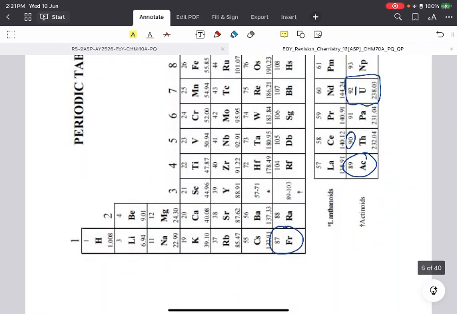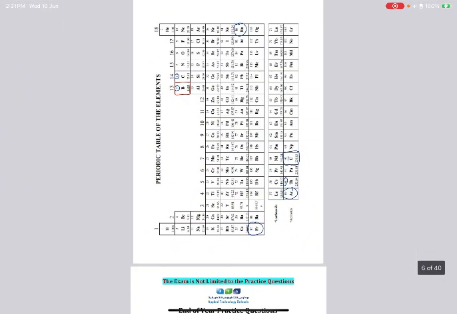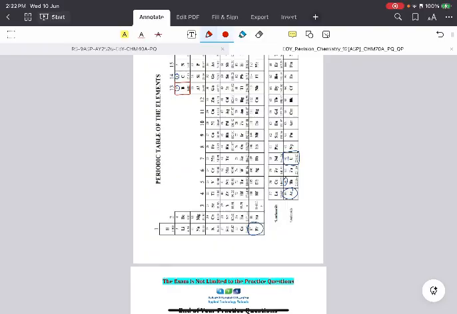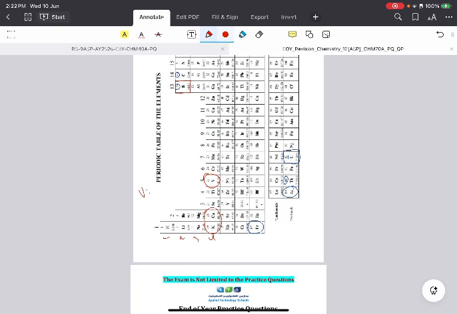If I'm writing the configuration of vanadium, it has 2 electrons in 4s, so 4s2, and then 3 electrons, which we say fill the 3d. So always the s, and always the d, you take the period and subtract 1.